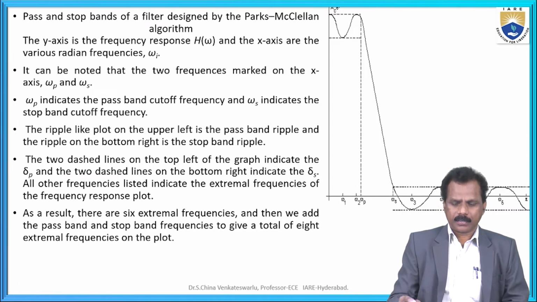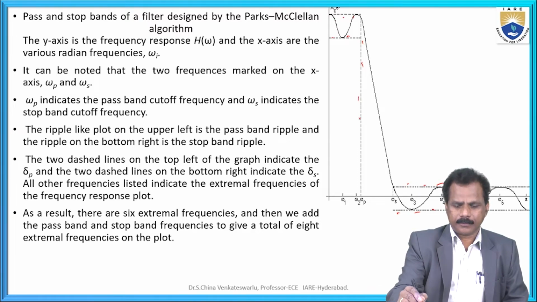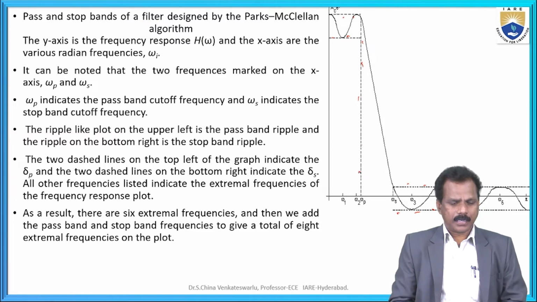We have verified the dashed lines here and here and like this. The two dashed lines on the top left of the graph indicate delta p, and the two dashed lines on the bottom right indicate delta s.